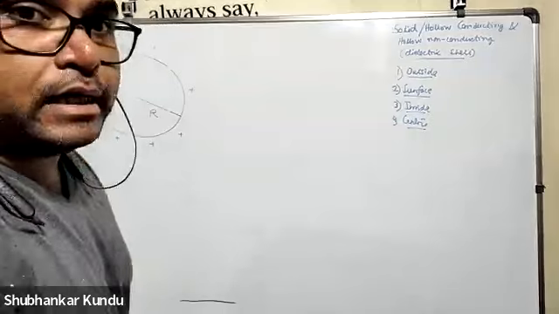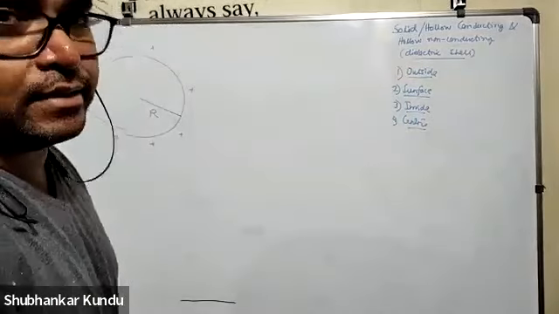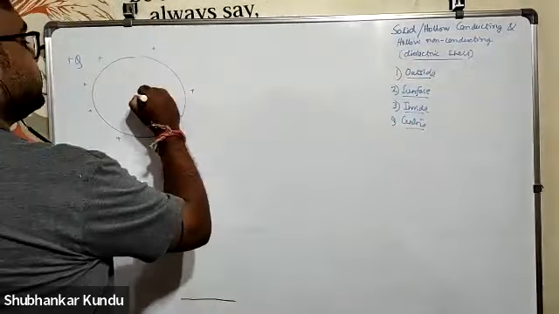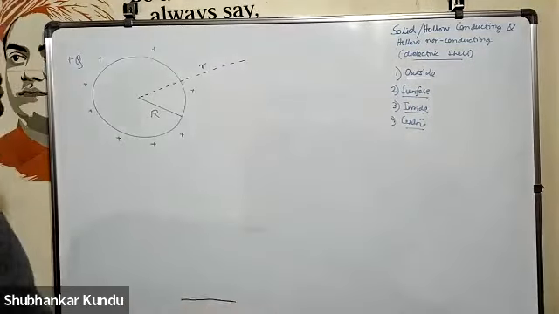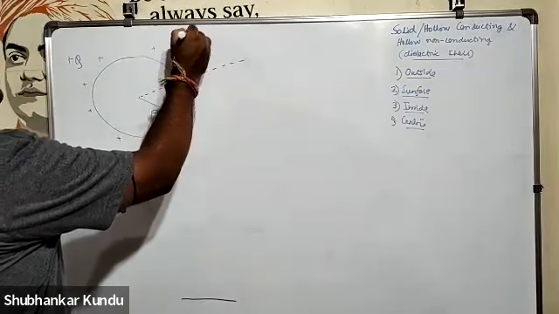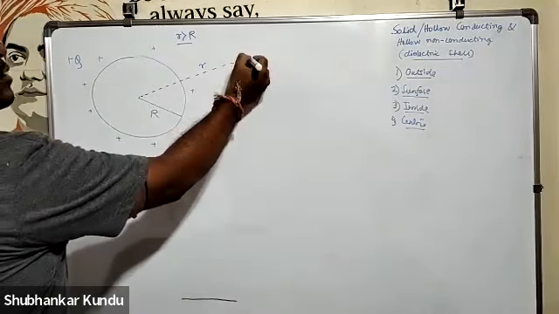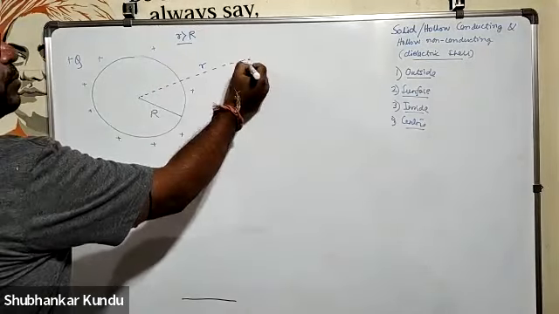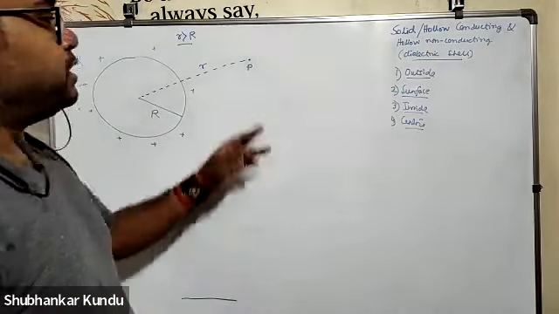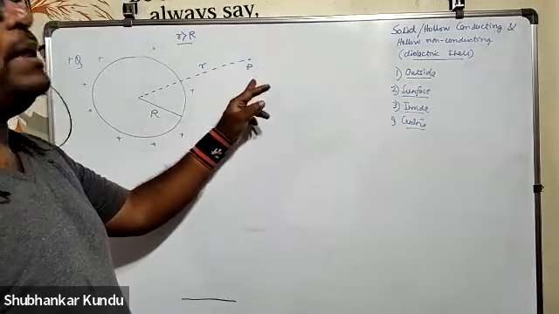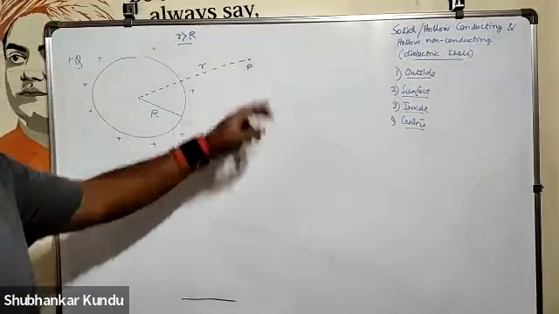Distance is always calculated from the center. Let the distance be small r, so obviously for the outside case, small r is greater than R. This is the point, let this point be P. We are going to calculate the electric field potential at this point P because of this charged sphere.